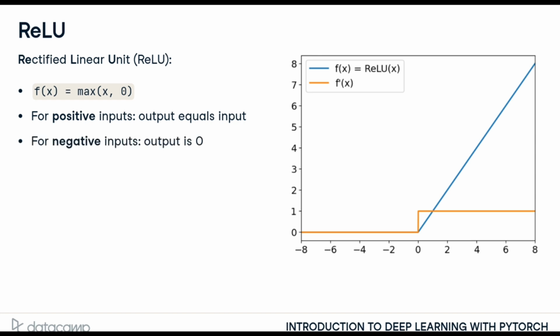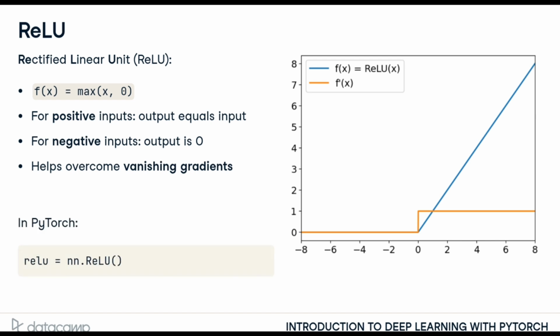This function has no upper bound, and its gradients do not approach 0 for large values of x, which helps overcome the vanishing gradients problem. In PyTorch, ReLU can be used through the torch.nn module. It's a reliable default activation function for many deep learning tasks.